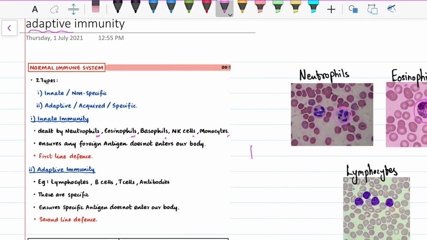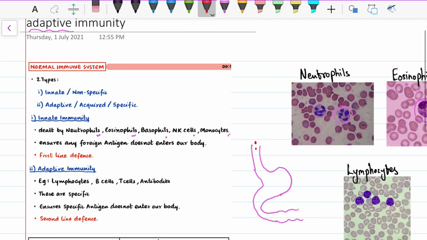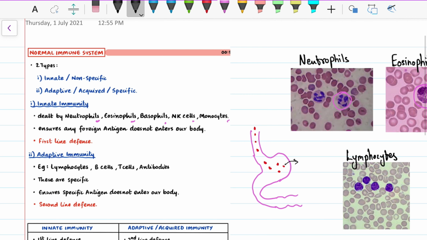For example, let's take our GIT. Okay, so this is our GIT. And from our food, a particular bacteria or an antigen enters in. Okay, it comes inside, and it would want to enter into our blood circulation or into our system. So this is prevented.